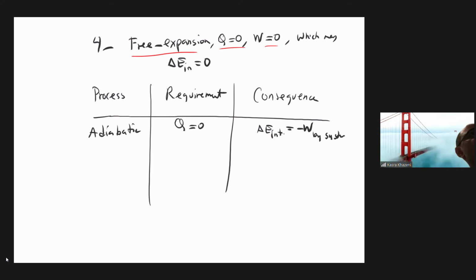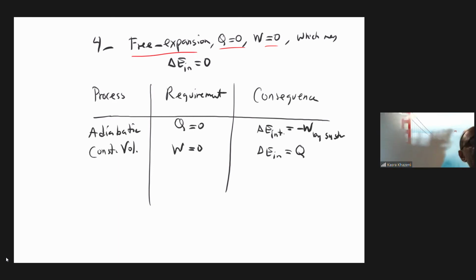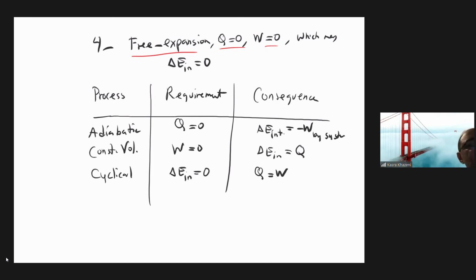And then we have the constant volume, which means we cannot do work, of course. And then the internal energy only depends on the amount of heat. You either add or subtract it. And then cyclical, which means by definition the change in internal energy would be 0, which then means Q and W are the same.